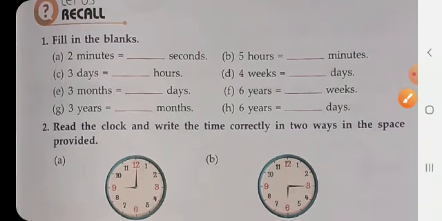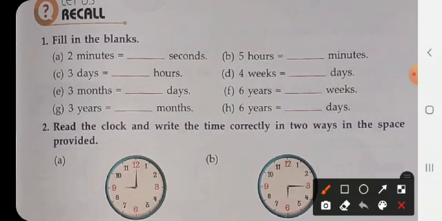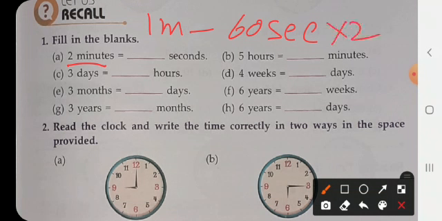Now look at the recall, where we have to fill in the blanks. 2 minutes make how many seconds? We know that 1 minute is equal to 60 seconds, so 2 minutes will be 60 into 2, that is 120 seconds. Right.